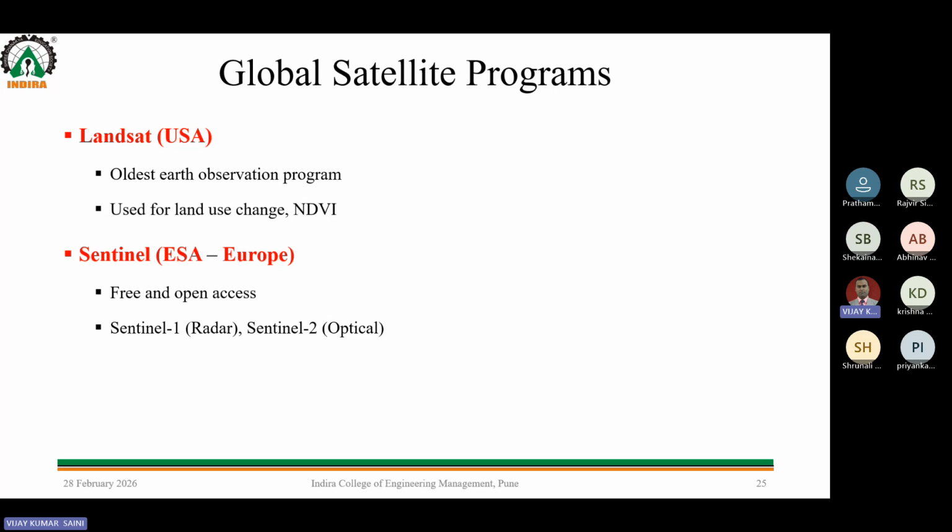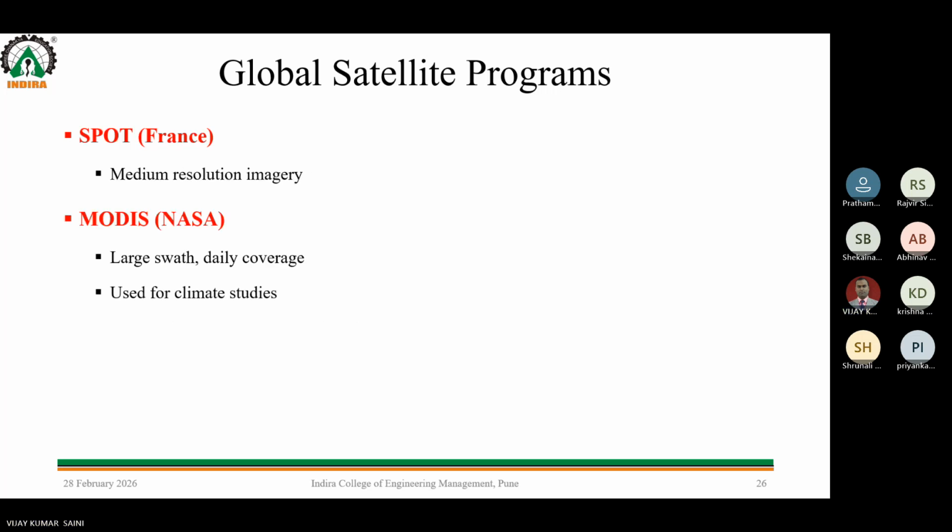I have given you two examples here. We also have SPOT for France and MODIS for NASA. So they have different satellite programs.